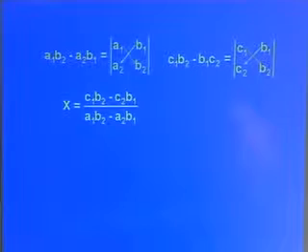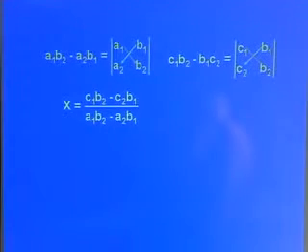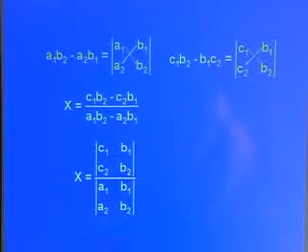Then the expression for x, which we have obtained in my earlier slide, x is equal to (c1 b2 minus c2 b1) divided by (a1 b2 minus a2 b1), can be written as the matrix c1 b1, c2 b2 enclosed in vertical lines, divided by the matrix a1 b1, a2 b2 in vertical lines.